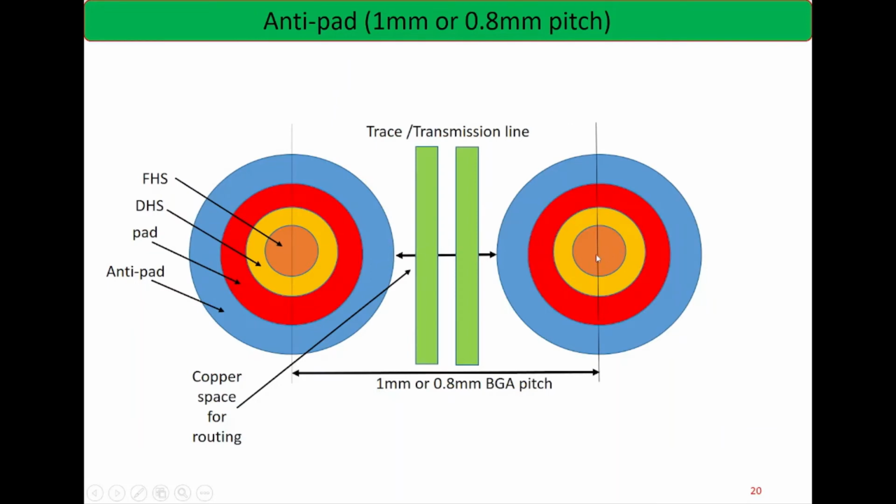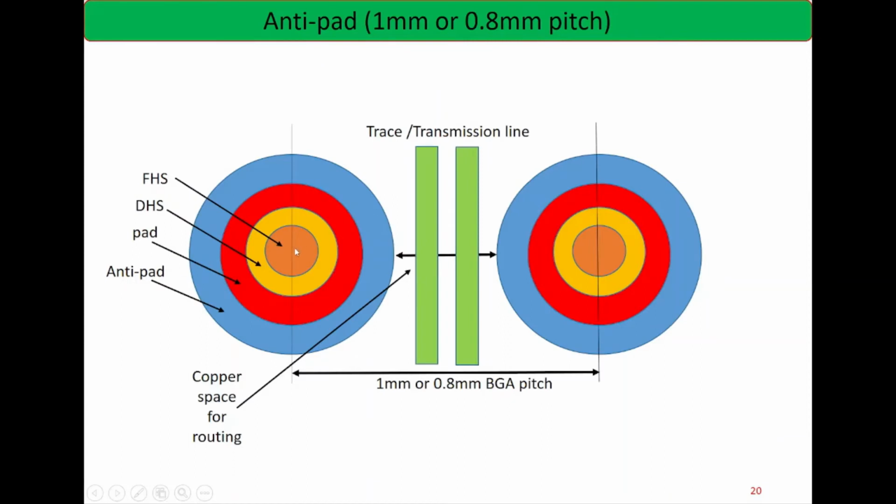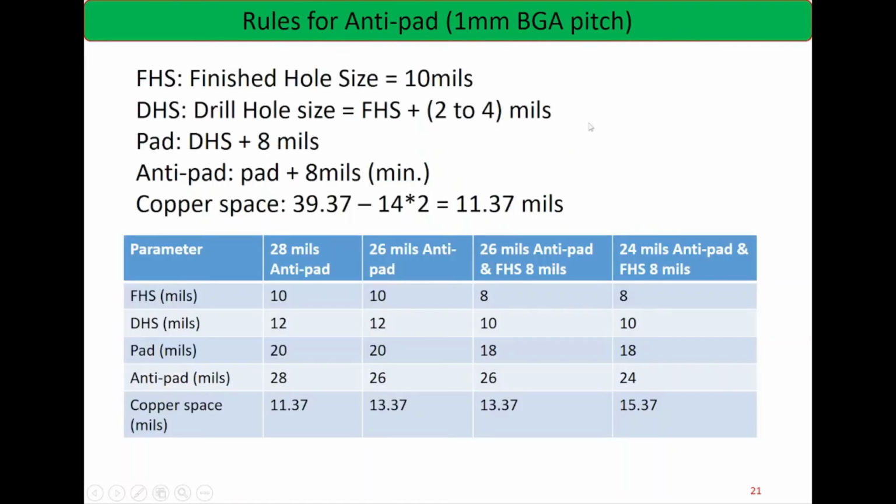And even if you have anti-pad on this BGA from both sides, it will be 14, right? If it is 28 mils, it will be 14 from this side plus 14 from this side, and you have a total of 1 mm here, right? 1 mm is 39.37 mils.